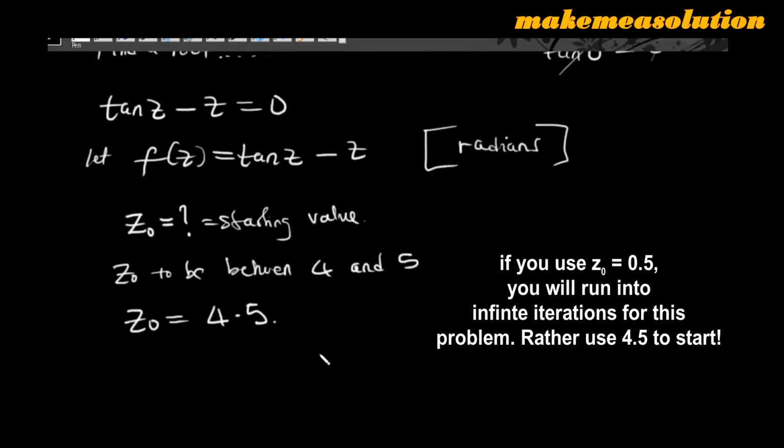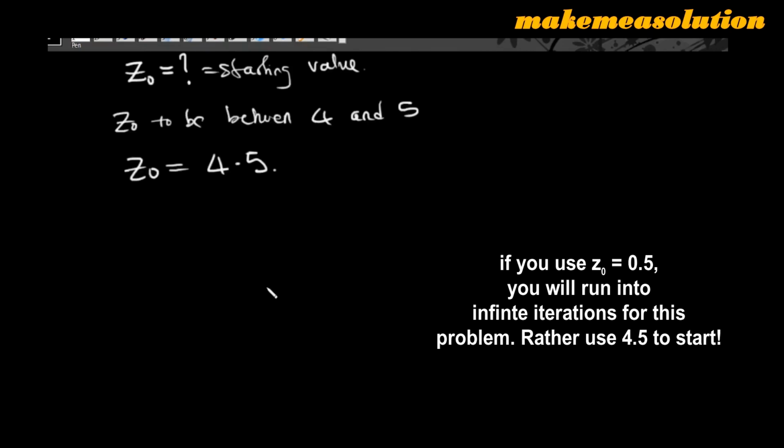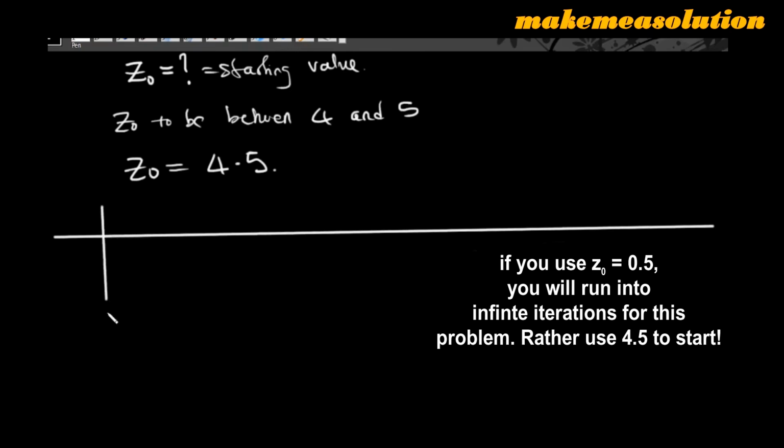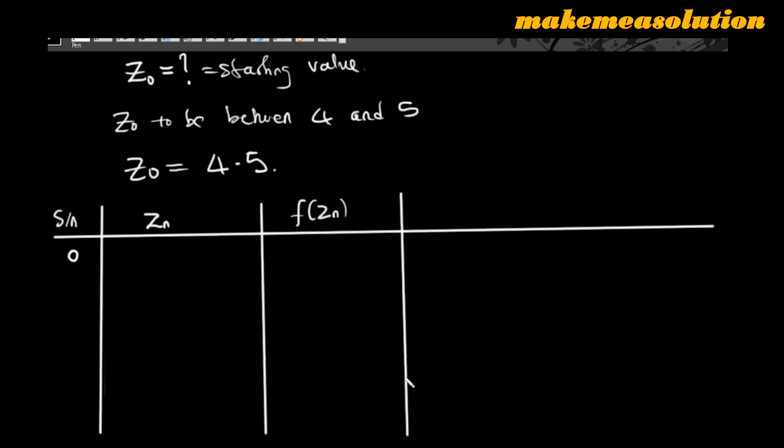Now we have established our start value, so the next thing we need to do is to create the table. Creating the table will be like before. The first column will be our serial number to keep track of the iteration we are currently at. Then we have our Zn, then our f of Zn, and our f prime of Zn.